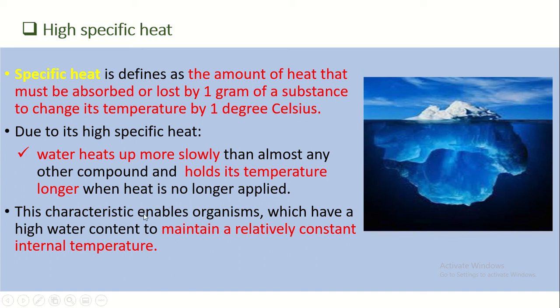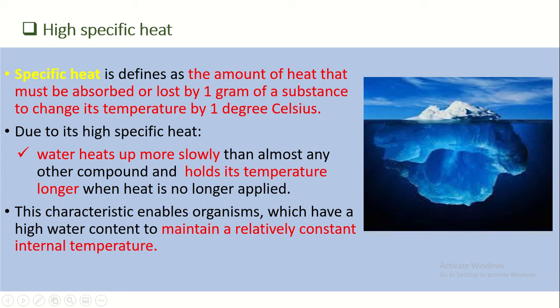Okay, so because of the high specific heat capacity, the water will heat up more slowly compared to other solutions or other compounds, and it can hold its temperature longer when heat is no longer applied.